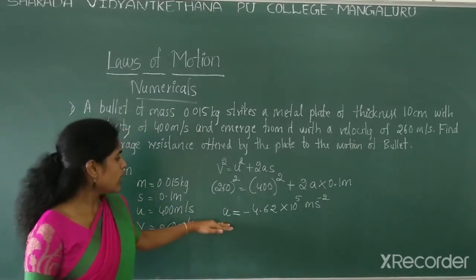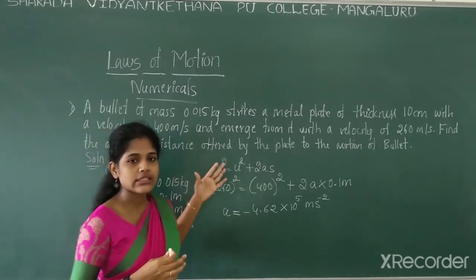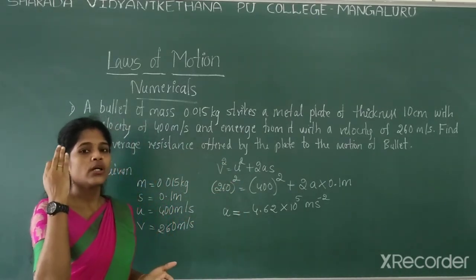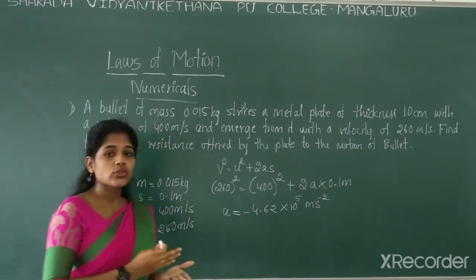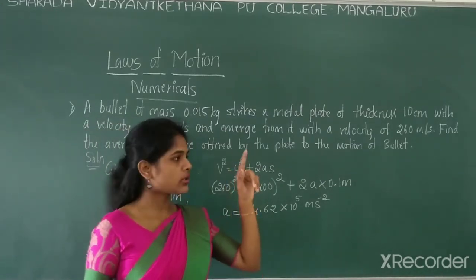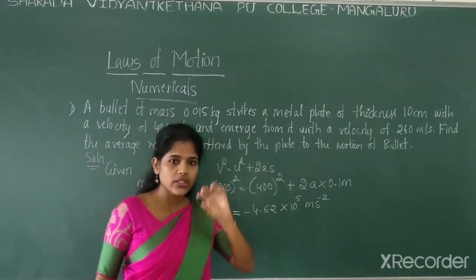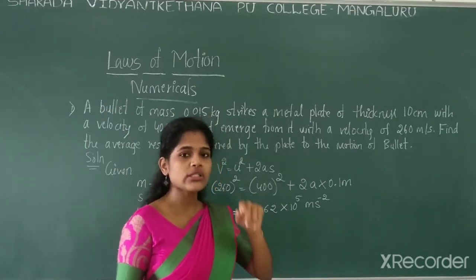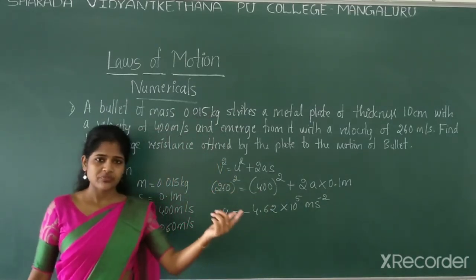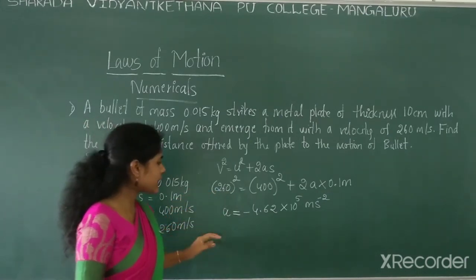Why do we need to find the acceleration? Because we need to find the resistance. Here resistance is nothing but the force applied by the metal on the motion of the bullet. In the class I told you some force will be exerted by the gun on the bullet, and in the same way some force will be applied by the bullet on the gun. So here we have to find the force of the metal applied on the motion.